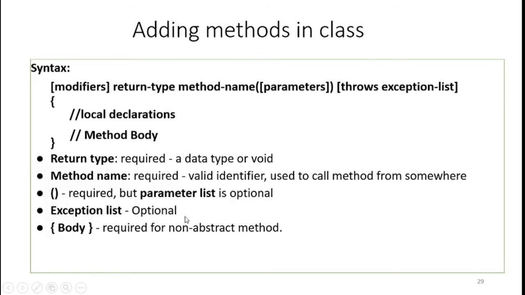If exceptions are going to occur in your program, then you can use this exception list. Like for BufferedReader, you need to compulsorily throw IOException, so you can use throws and IOException here. Then you can have the body part.